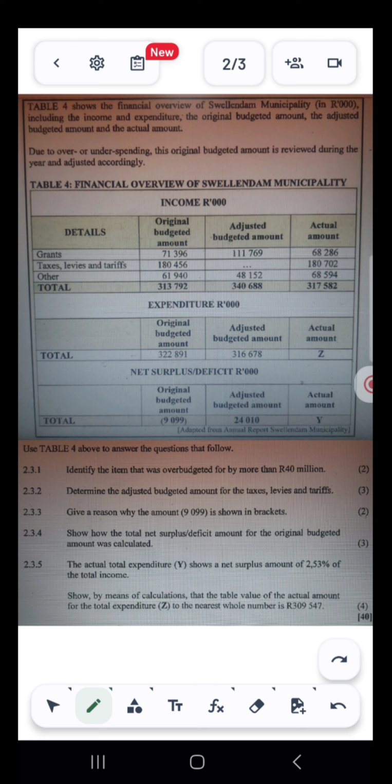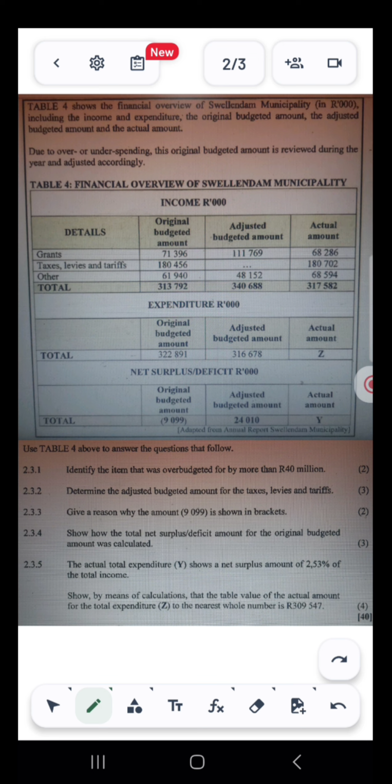Now, if you look at the grants, right? You see the original budgeted amount, the adjusted budgeted amount, 111 million, specially adjusted. Then when you look at the actual amount, it's 68 million.